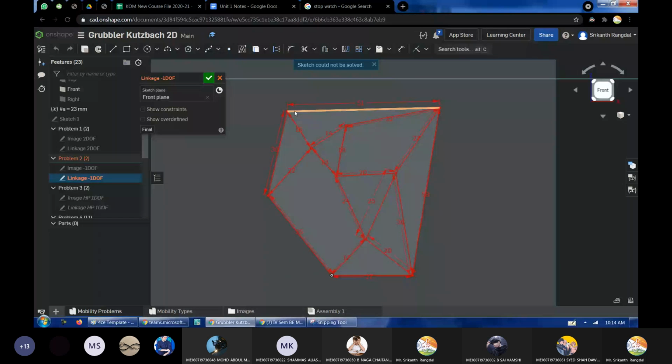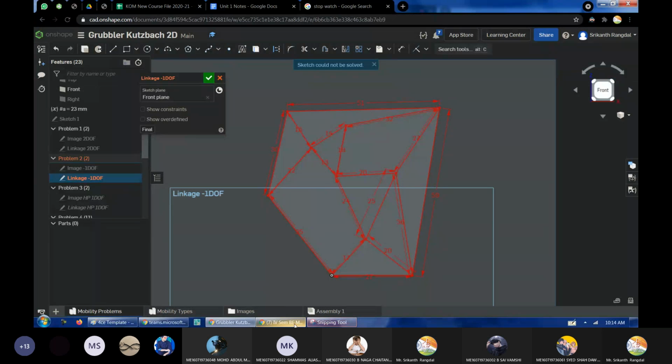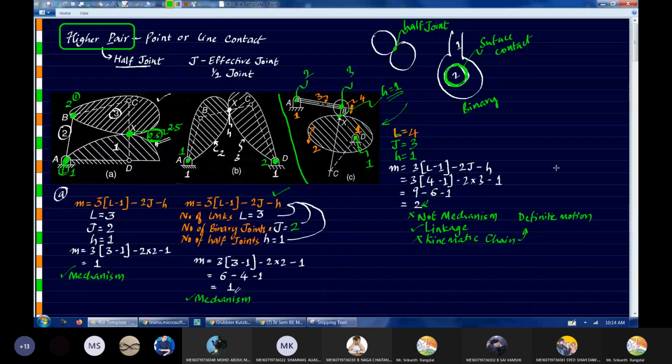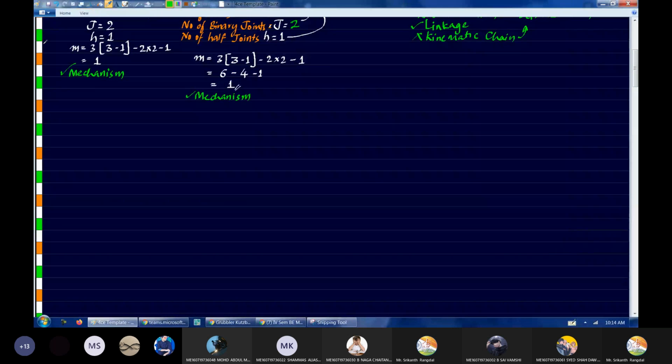And the answer we got for this was -1. Now, if the mobility value is -1, then it is called a superstructure, or it is over constrained.